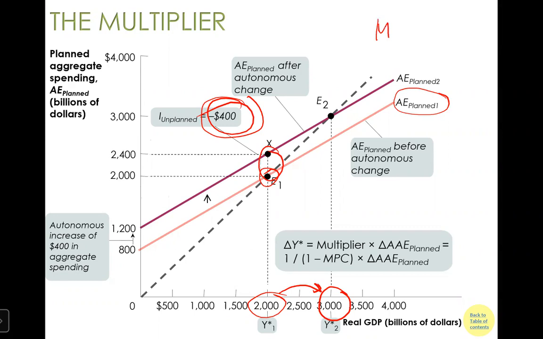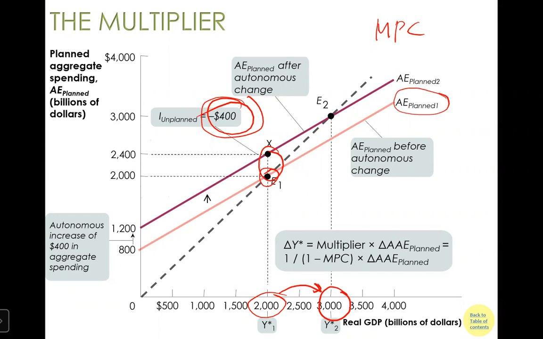By the MPC. That's what we discussed earlier, right? The amount they spend, which is MPC times 400, will become a third person's income. And this third person is going to keep moving the chain, right? So this is exactly the multiplier.